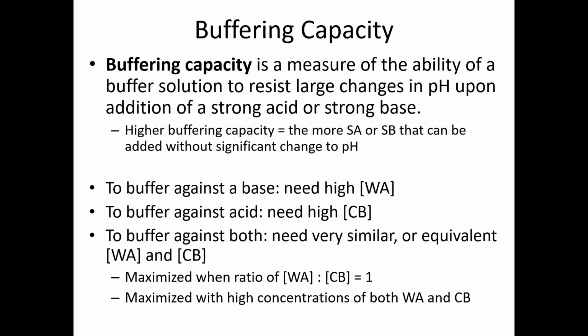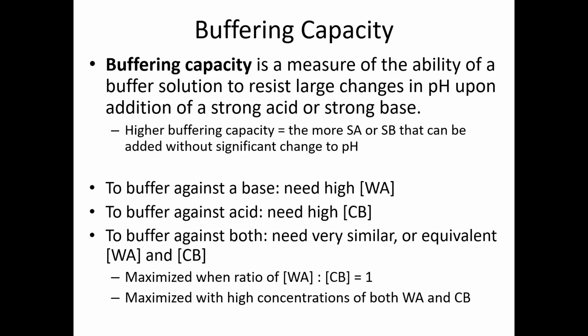And the more and more base I add, or the more and more acid I add, and the pH continues to just barely change or resist changes in pH because the buffer is effective, that's a good buffering capacity, or a high buffering capacity. A low buffering capacity would mean, in my example before, you had 1.1 milliliter of NaOH and boom, your pH just shot up to the basic, like a pH of 14.